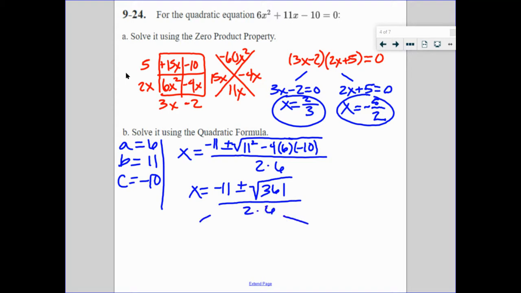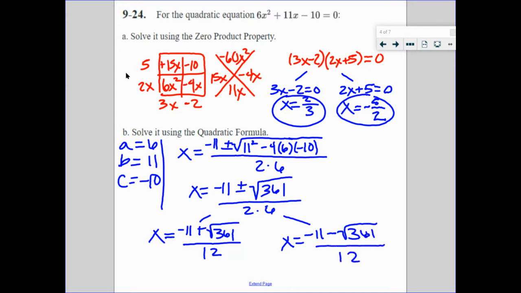Now we can split it off. So you'll get x equals negative 11 plus the square root of 361 over 12, and x equals negative 11 minus the square root of 361 all over 12.